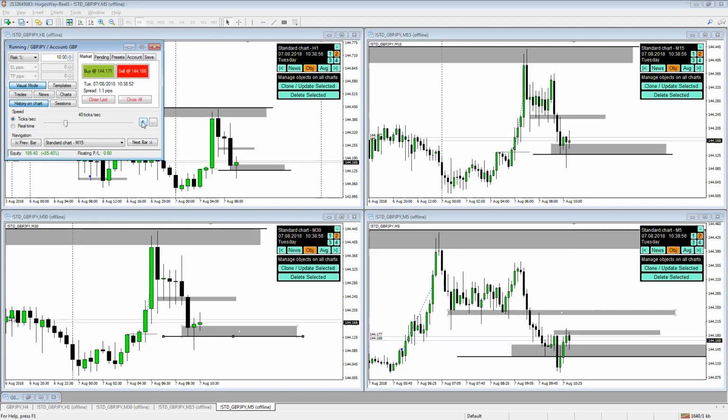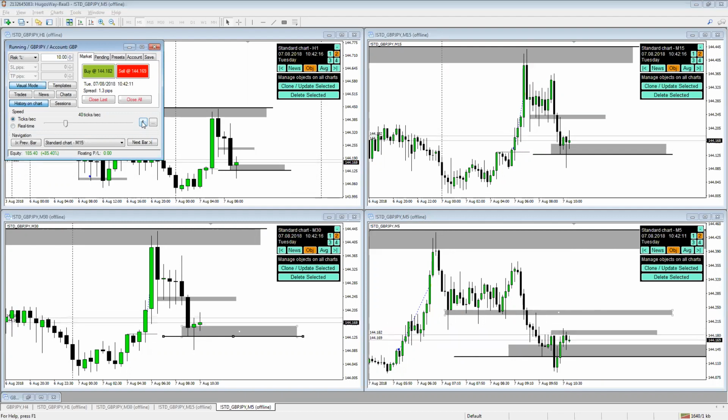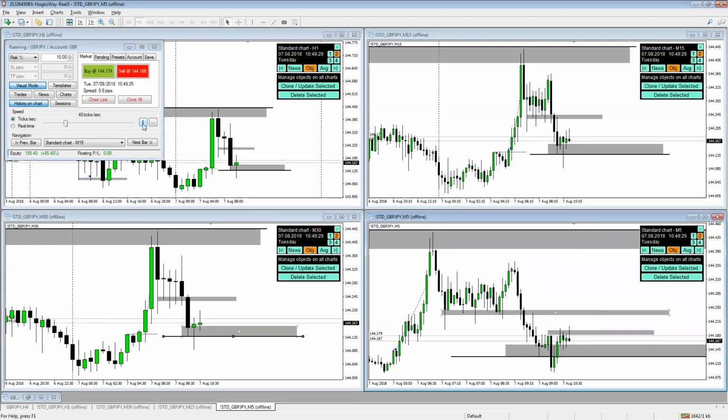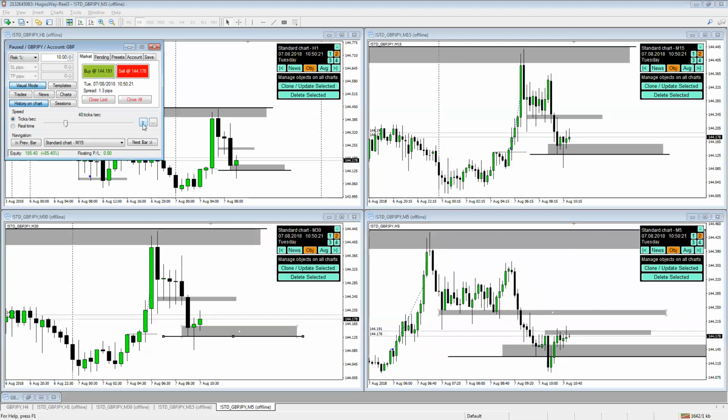Yeah, the retest can pull back quite a bit sometimes. I'm looking for a 15-minute rejection of this one. I think that's good enough. It doesn't look like a fake out.